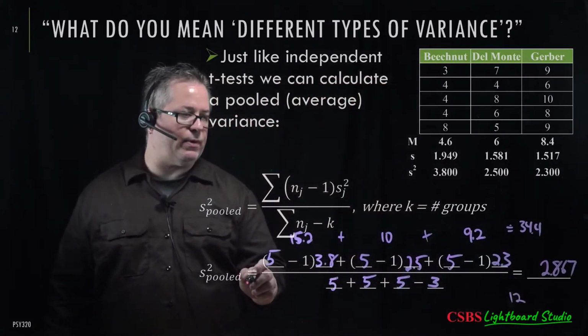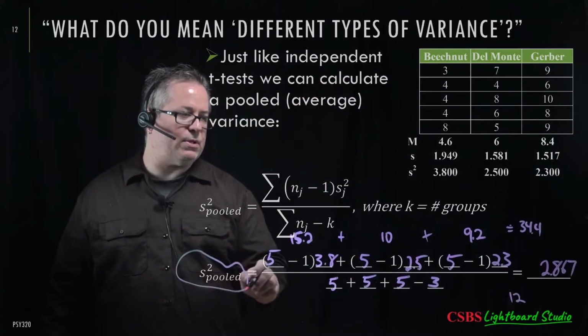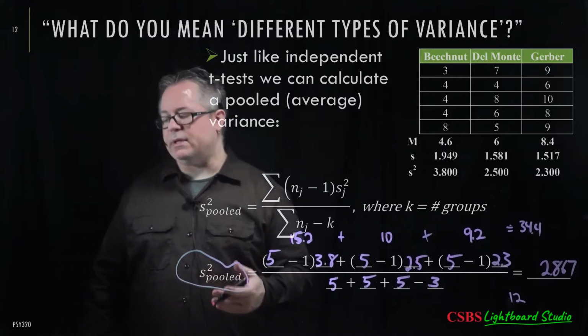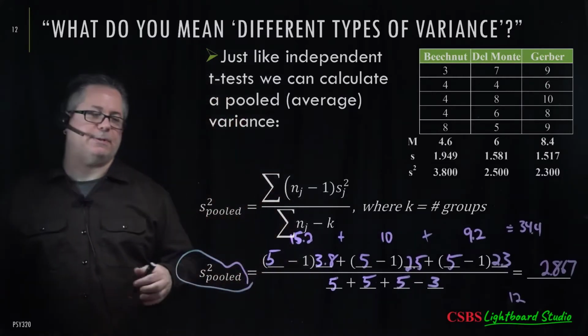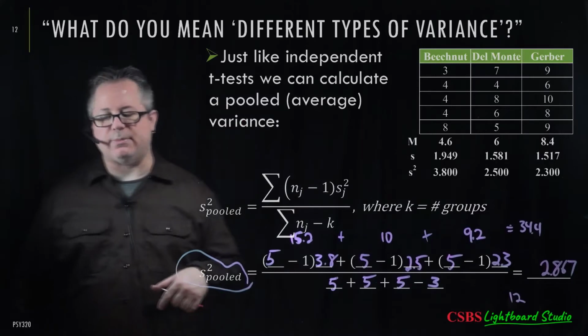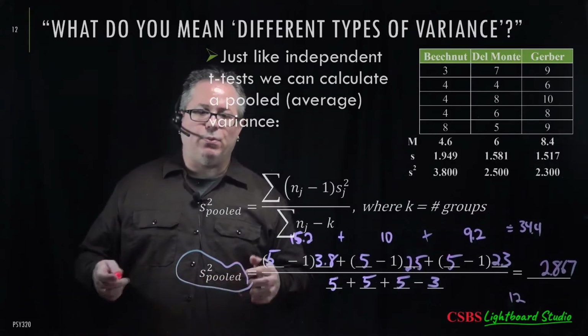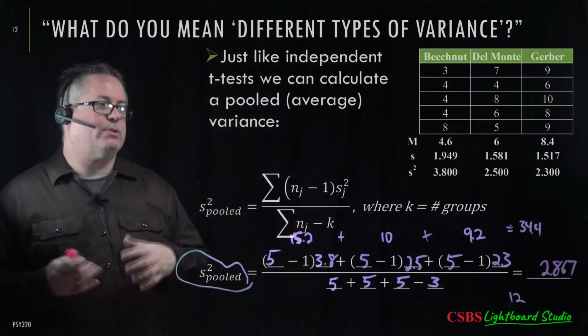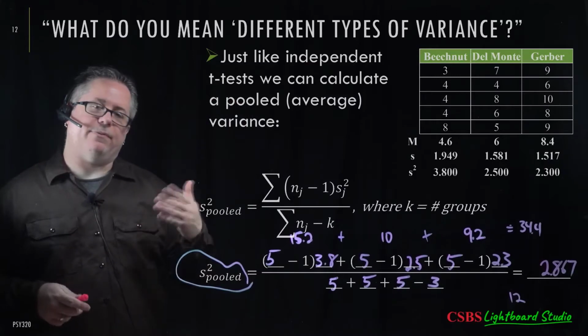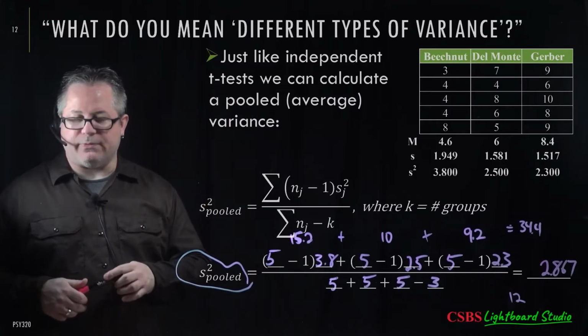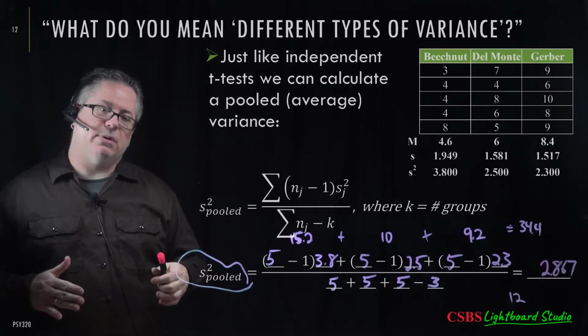It's a pooled variance for 3 groups instead of for 2. And like I said in one of the last lecture videos about the independent samples t-test, the reason why we pooled them together is because 2 estimates of the population variance is sort of better than 1.